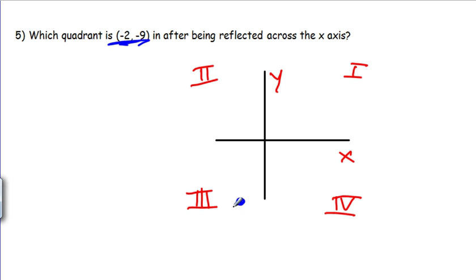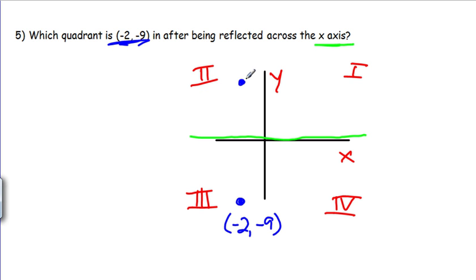We're reflecting that across the Y, or not the Y-axis, the X-axis. So we're going across this line here. If I reflect this point, it's going to go to the other side of that line. So it's going to go from quadrant 3 all the way up to quadrant 2. So our point would end up somewhere over here. Let's think, how do our coordinates change? Does our x value change?